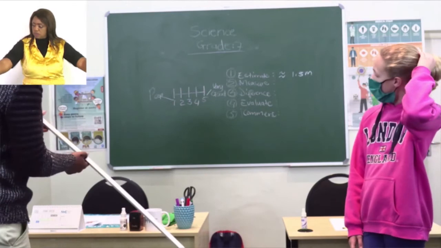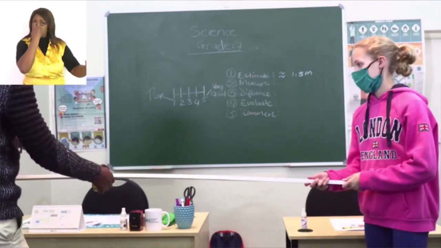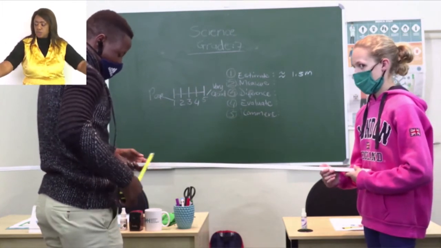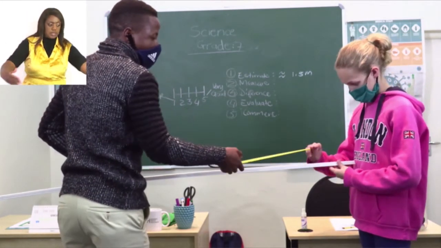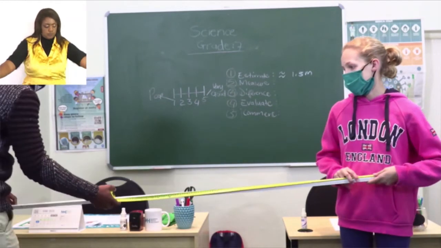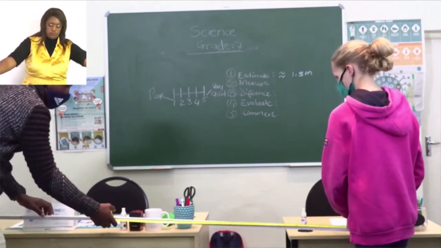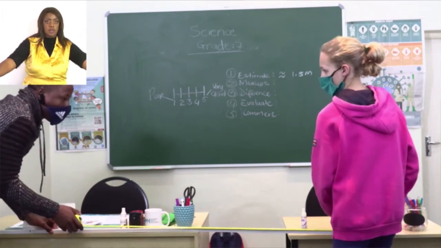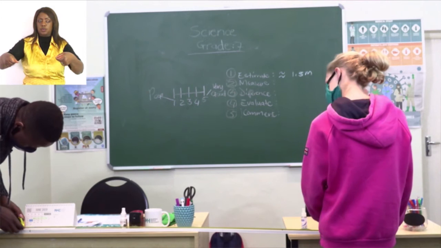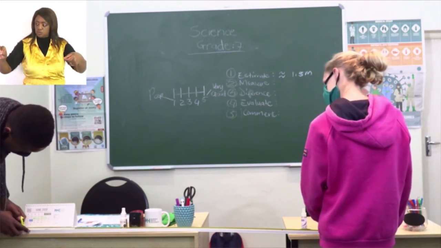So what we have to do is, can you hold for me there? Thank you. And I have to give you the starting point of this measuring tape. And then you can just put it on the table so that it can be straight. Make sure it's straight there. And then I have to take my reading, and this is my marking.